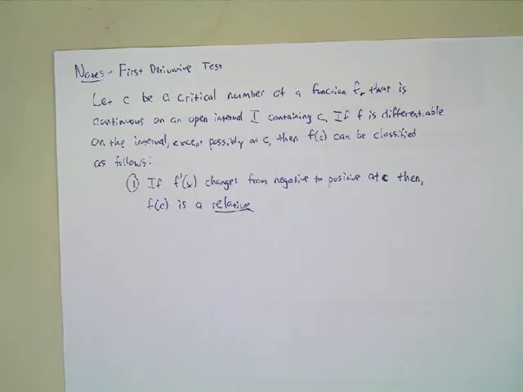So if f prime is changing from negative to positive at C, the original function is changing from decreasing to increasing. So what type of relative extrema occurs when our function is changing from decreasing to increasing? A relative minimum.